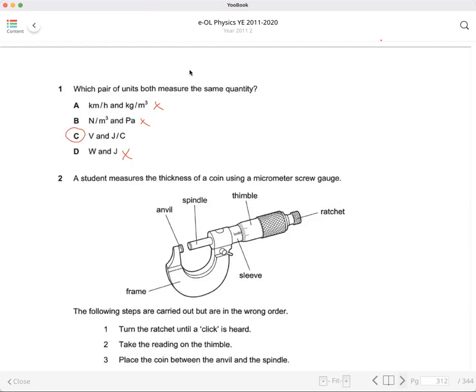Do you all remember voltage is the same as work done over charge? Do you remember this formula?